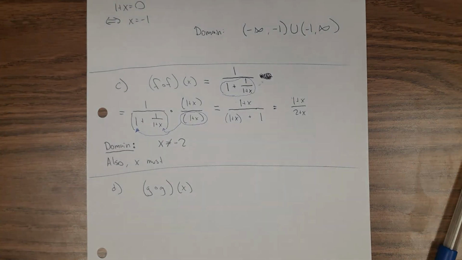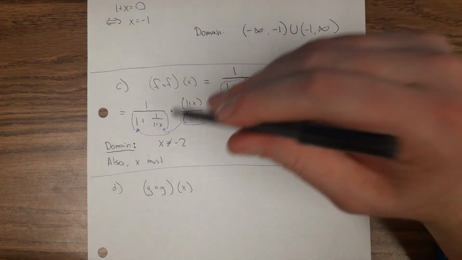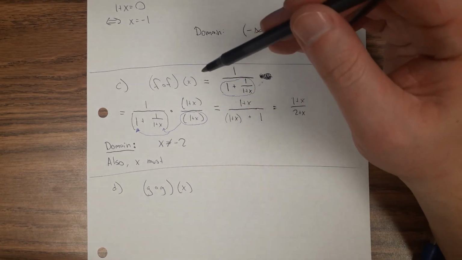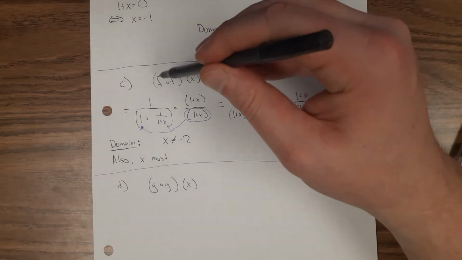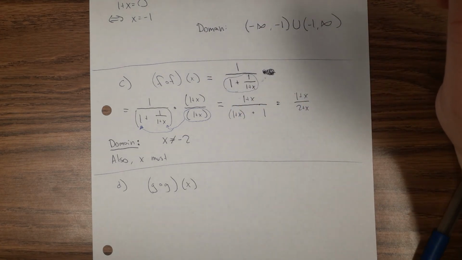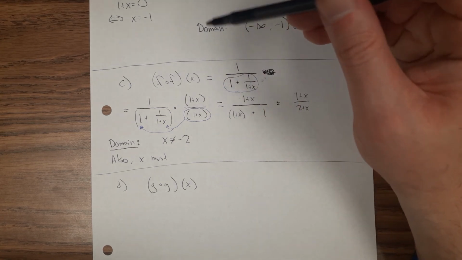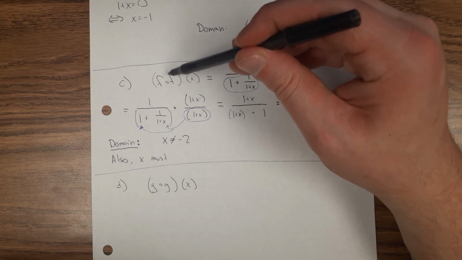In order to be in the domain of a composite function, x has to be in the domain of the inside function. And if you're doing f of f, unfortunately, that is an unfortunate example because the inside function is f and the outside function is also f. So when I say the inside function, I mean like the second one.